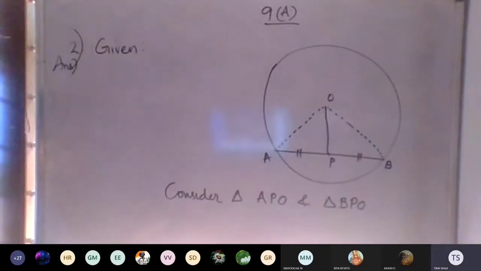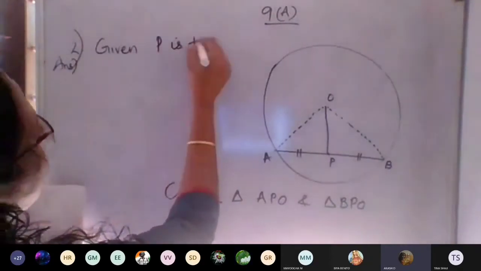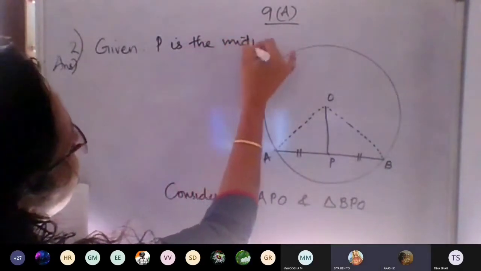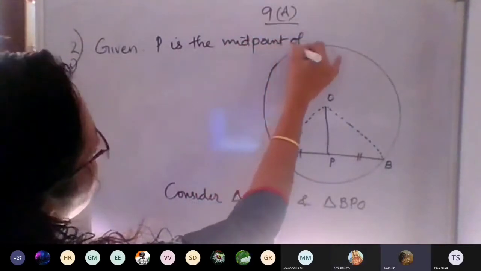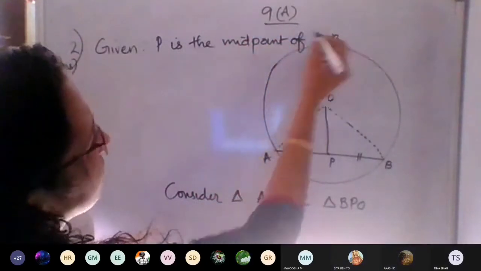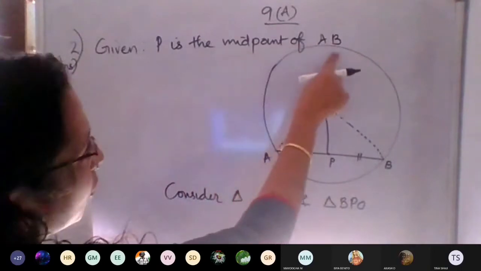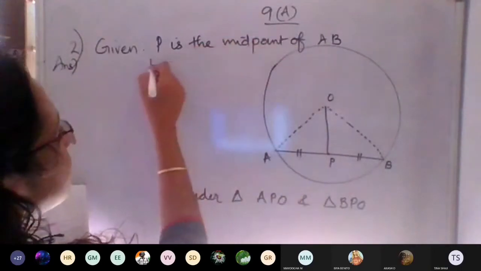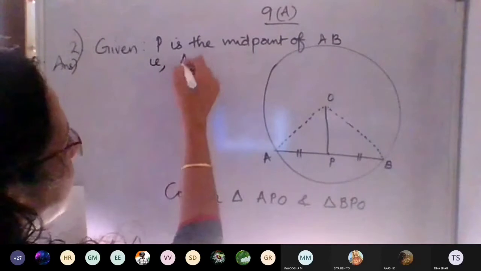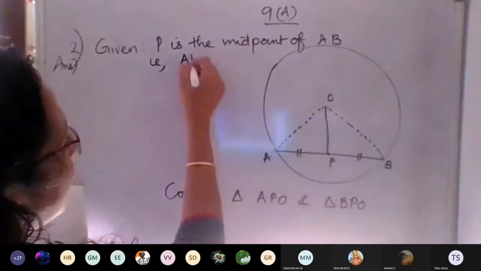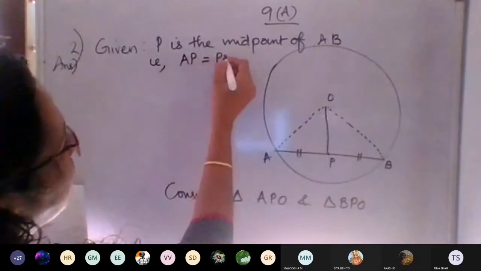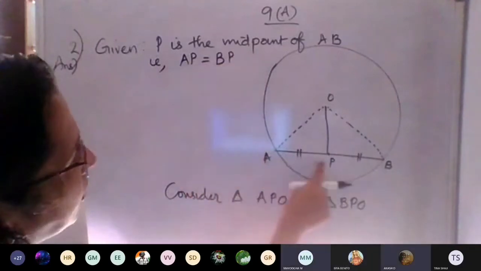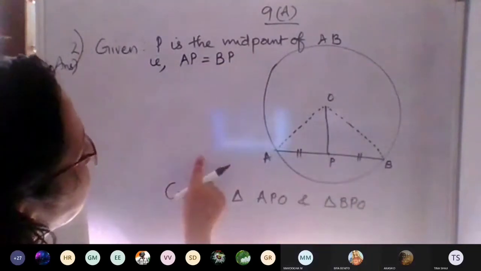P is the midpoint of chord AB. So this sentence we can change. P is the midpoint means we can write AP is equal to PB, or AP is equal to BP.